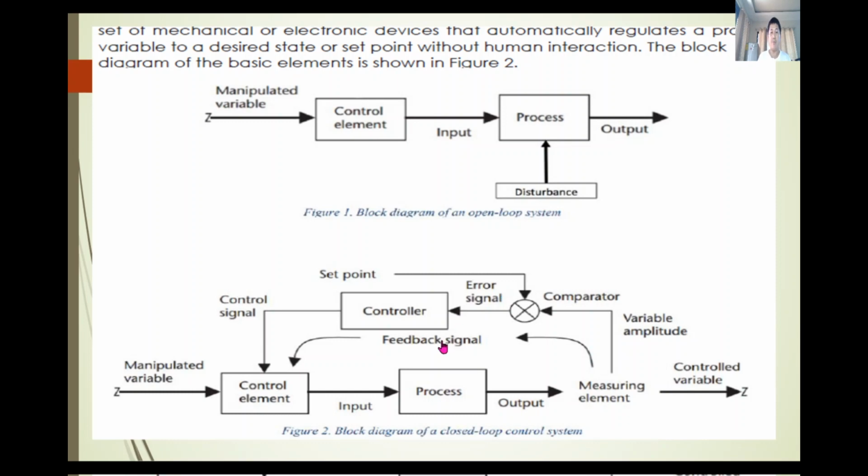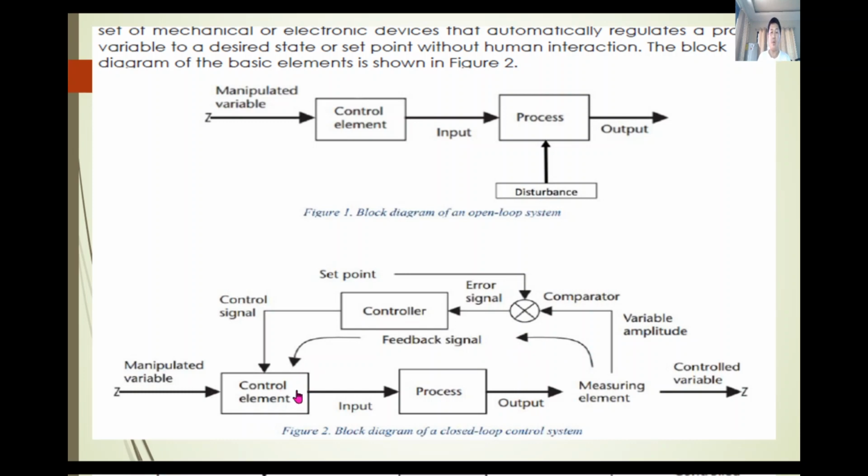Here we have the feedback. So feedback loop is the signal path from the output back to the input. So here, the signal from here is sending back a feedback signal going to the control element here.